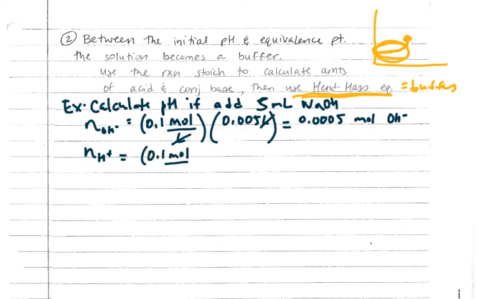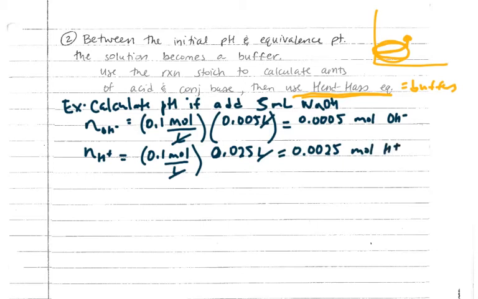And the moles of acid, we've got 0.1 moles per liter. It's also 1 molar. And we are using 25 milliliters of the acid if you look at the previous page. So 25 milliliters is 0.025 liters. So we have 0.0025 moles of H+.